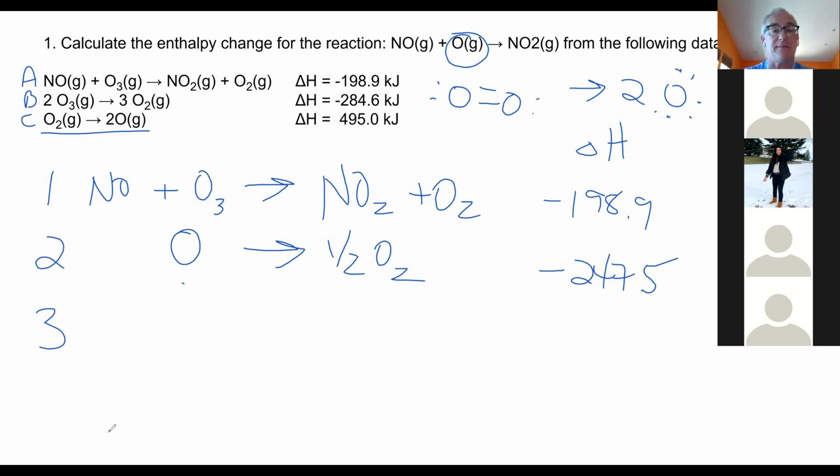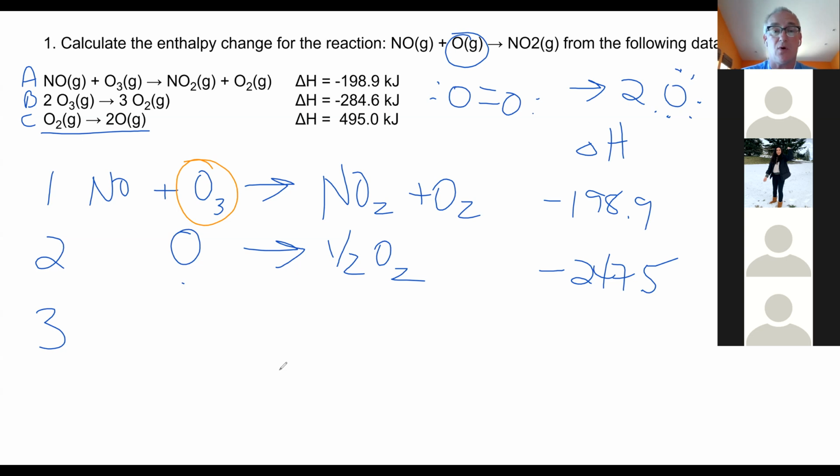But I'm saying, in the reactions that we are putting together to balance each other out, I have ozone in reaction 1, but I don't have it as a product. I need it now as a product in order to balance it out. So I have 1 mole of ozone as a reactant.